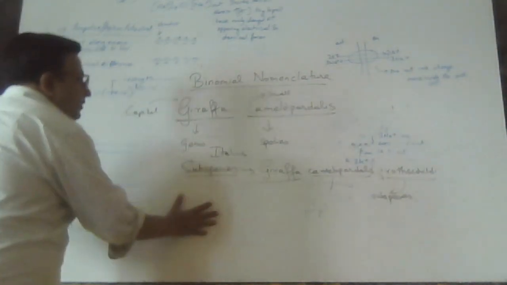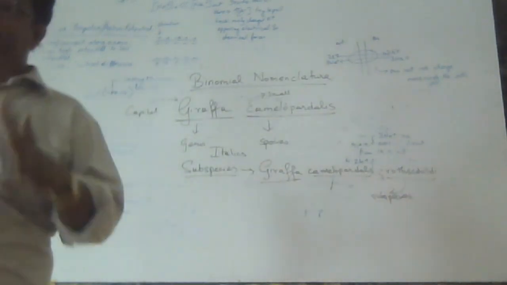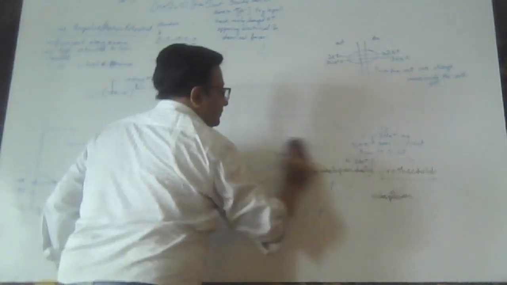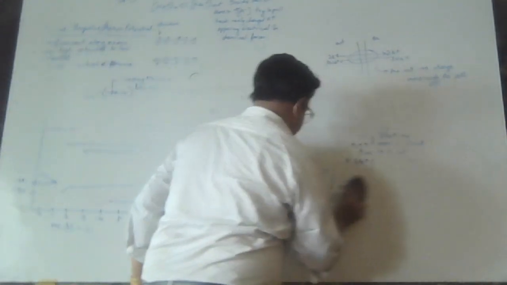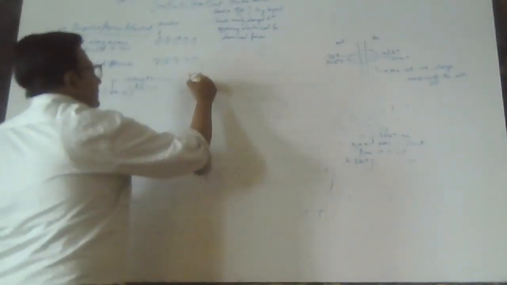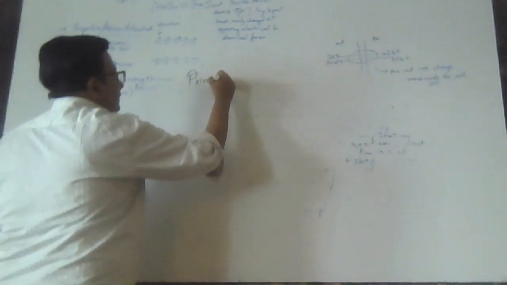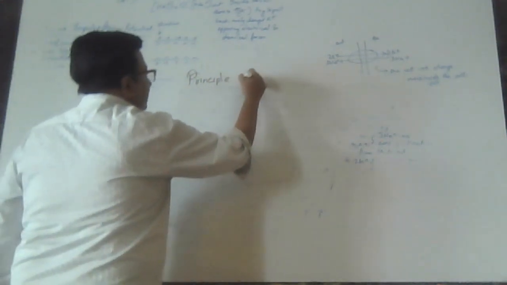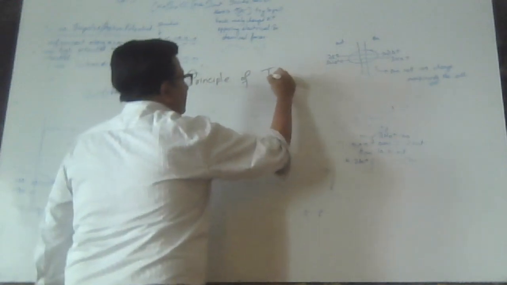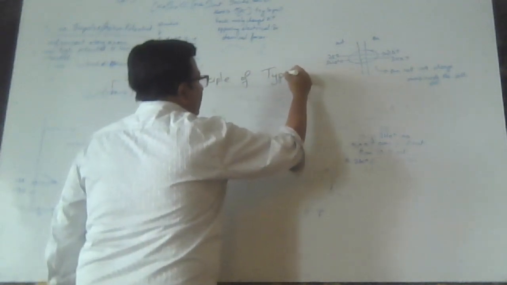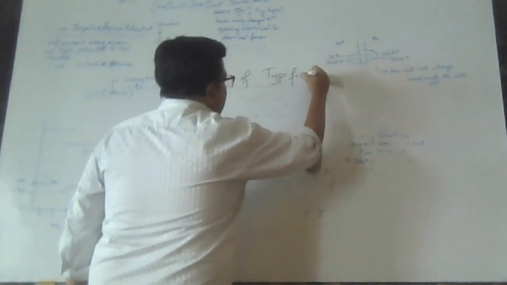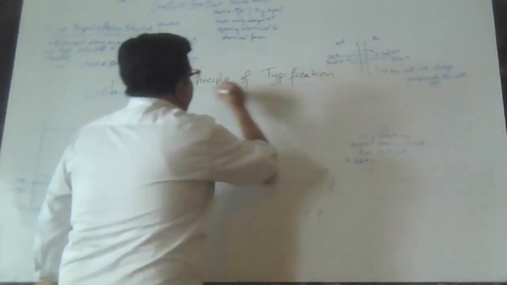This is according to binomial nomenclature. Now we come to the next principle, the principle of typification.